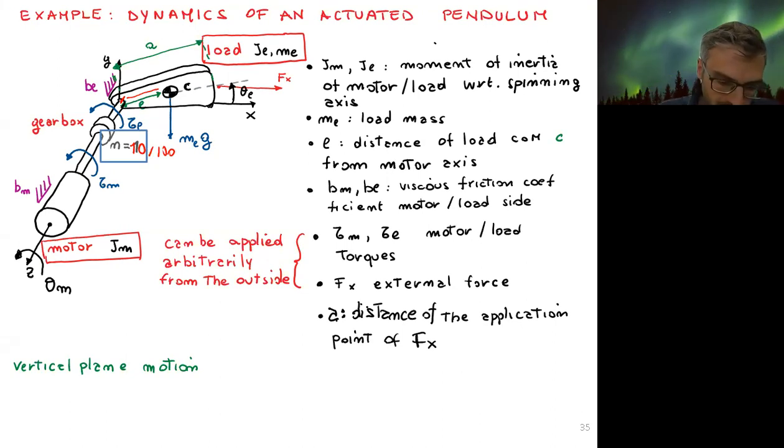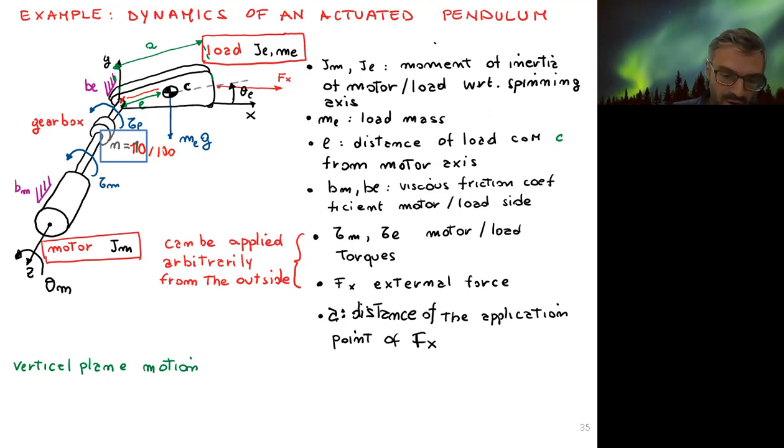The angular position of the link is theta L and is related to the motor position theta M. In essence, because we have no flexibility, we have only 1 degree of freedom in this system, and we can write the equation either for theta L and then derive them for theta M, or we write for theta M and then we can easily get theta L for free.